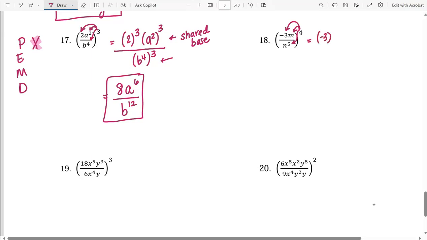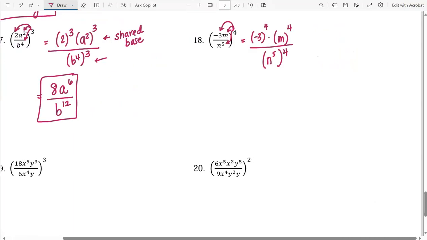So -3 with a 4 exponent, that's not -3 times 4, that's -3 with a 4 exponent, times m with a 4 exponent, divided by n to the 5th with a 4 exponent.